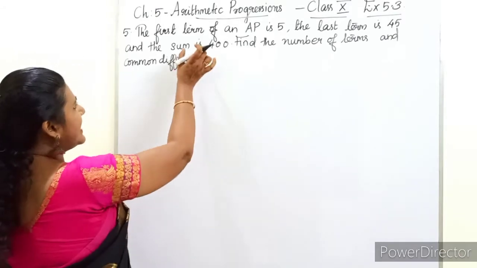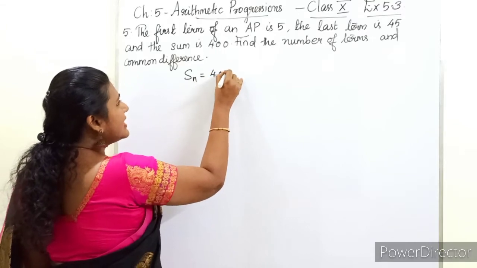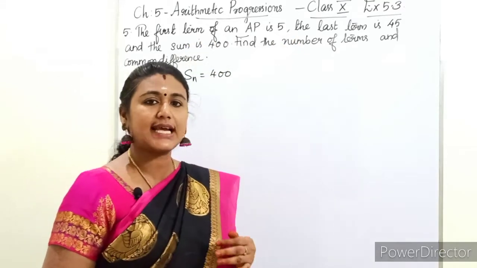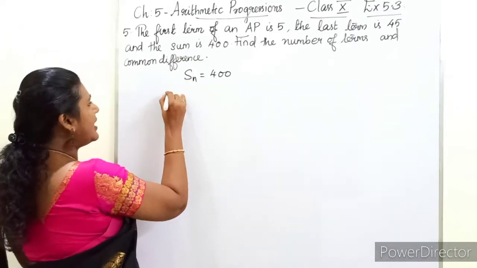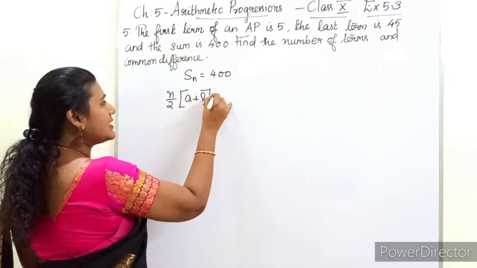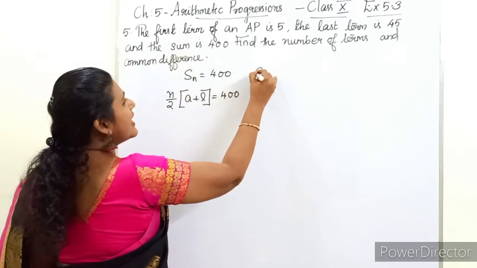So first we will take the sum. Sn is equal to 400. Since the first term and the last term are given, we will use the second formula. What is the second formula for Sn? n by 2 into (A plus L). This is the other formula for finding the sum. What is the value of A, the first term?